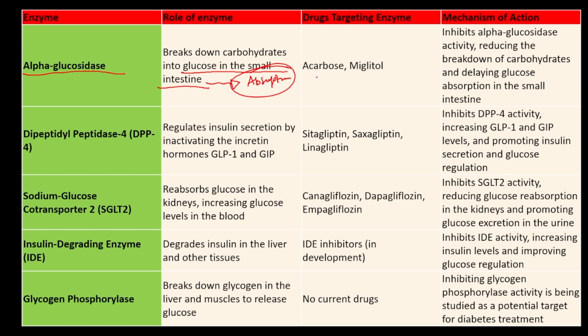So if you use molecules like acarbose or miglitol, these are two inhibitors of alpha glucosidase, and they inhibit its activity, reducing the breakdown of carbohydrate and delaying glucose absorption in the small intestine. This means you are indirectly disturbing carbohydrate digestion.